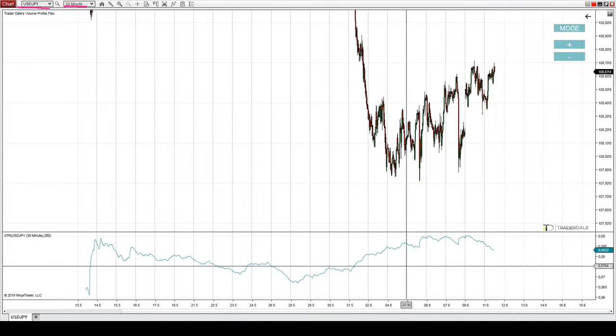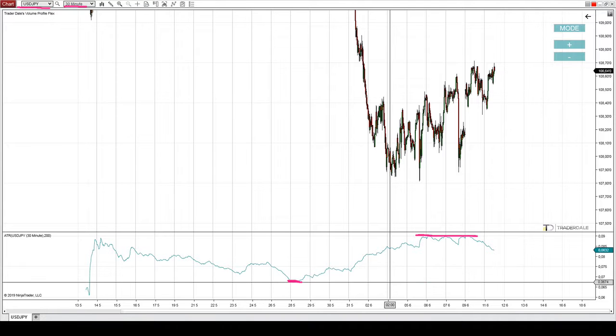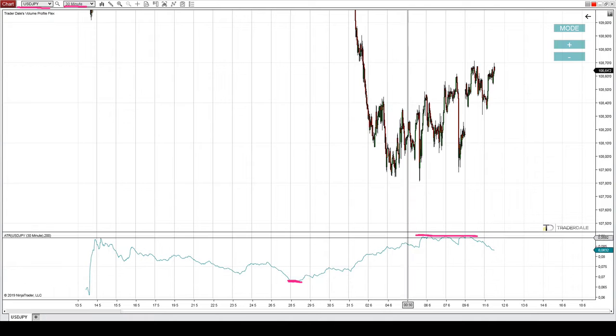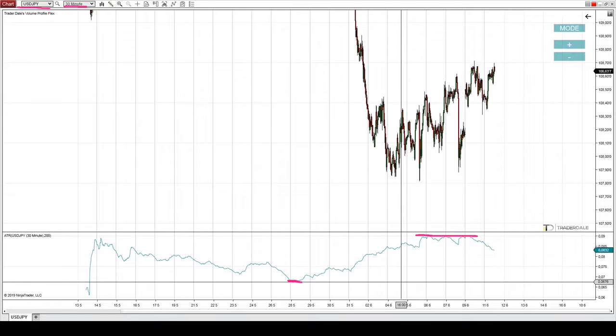As you can see, in this case, the average volatility is somewhere from this place to this place. So it's roughly 67 pips per day to around 90 pips per day, right?